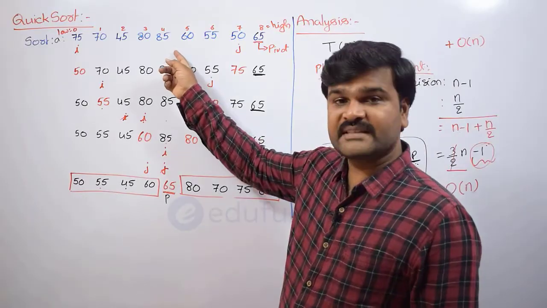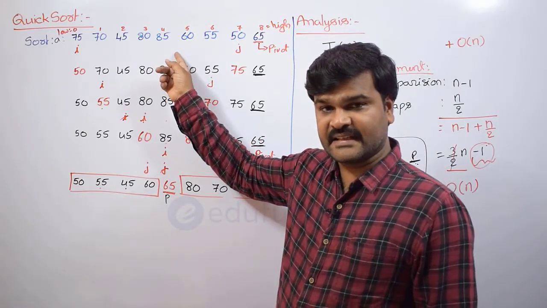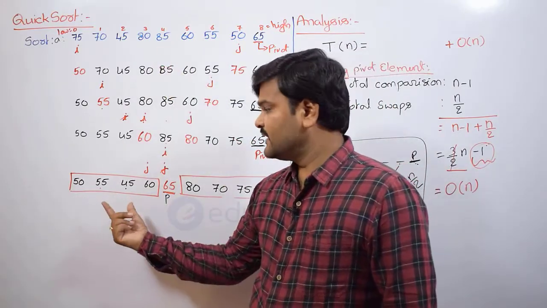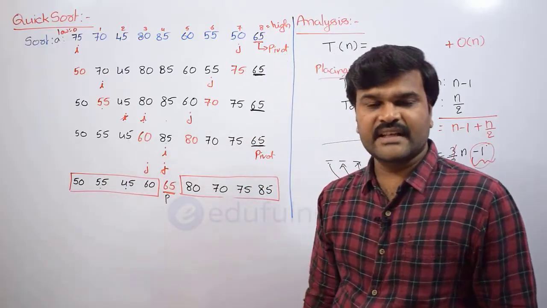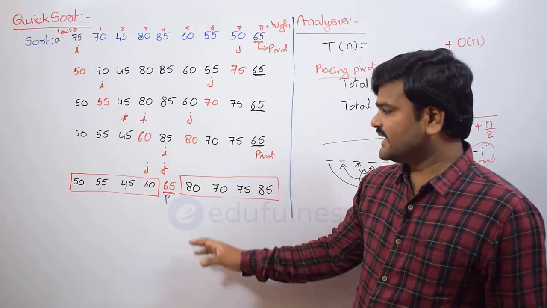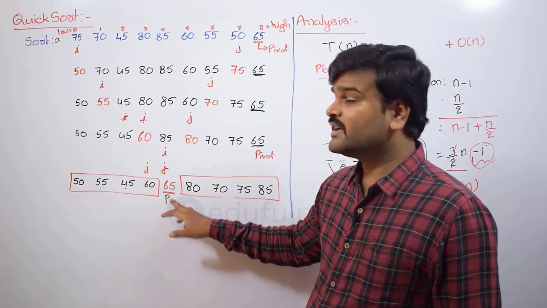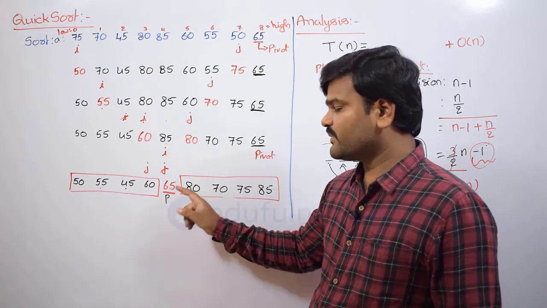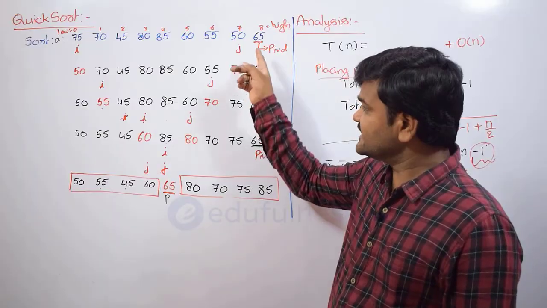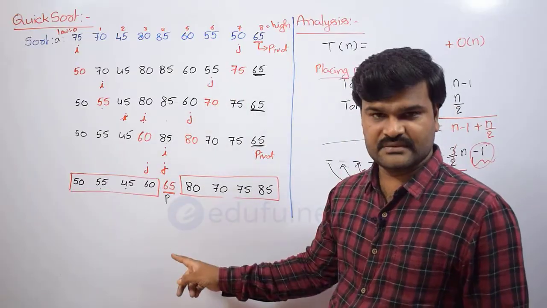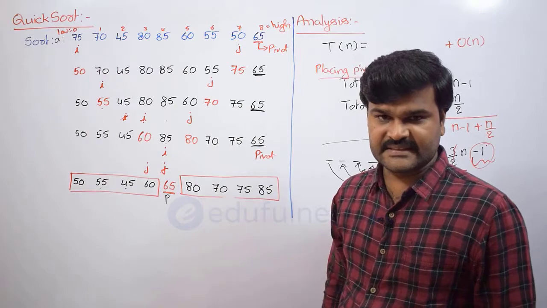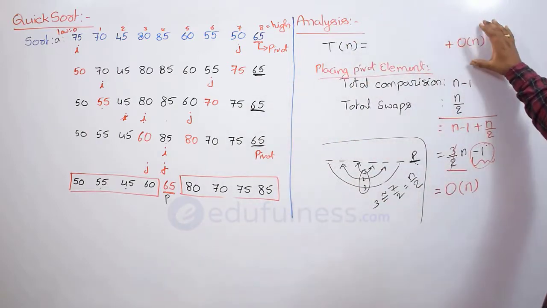For 9 elements the time complexity taken, correspondingly for 4 elements also it is going to take accordingly. That is what we have to understand. But the non-recursive code time complexity is what? Placing the pivot element in its proper position. That comes under non-recursive code. It is iterative time complexity. So that is big O of n.